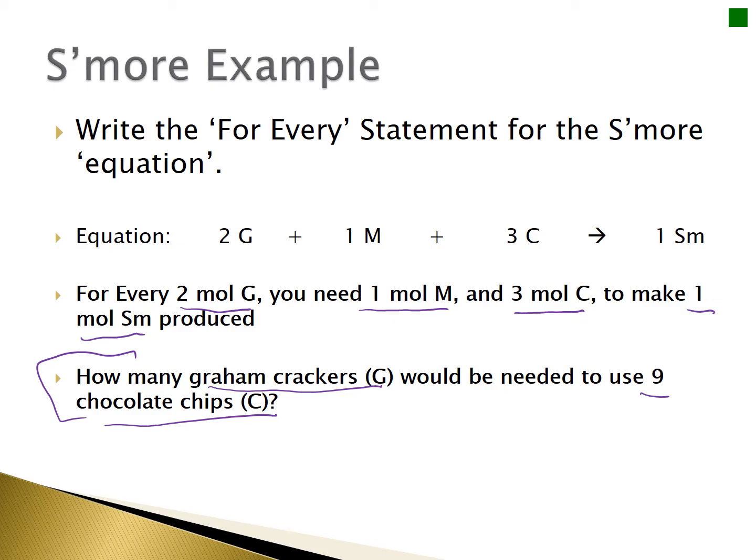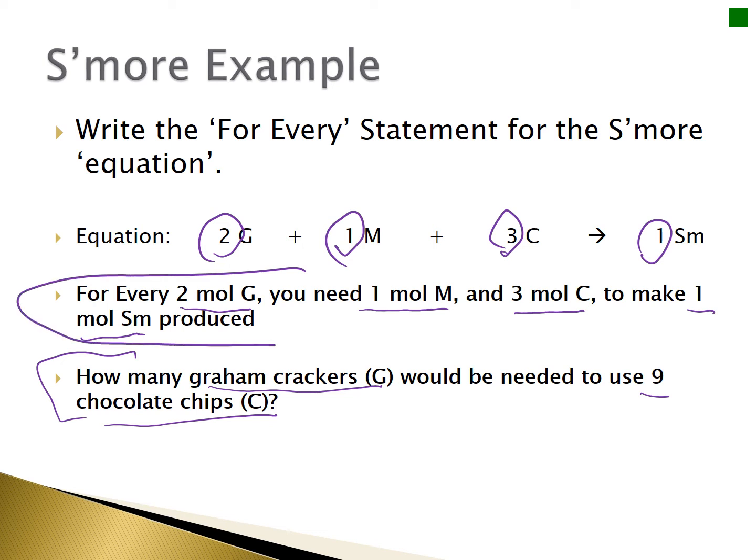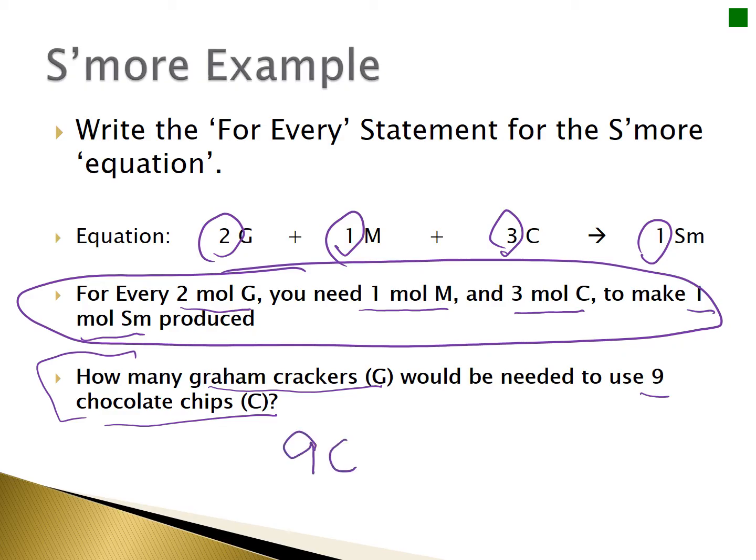So we're going to set this up in a dimensional analysis way that we've been doing this whole time, okay? But what we're now going to start introducing is the use of these beautiful coefficients. And it comes from this for every statement, okay? So I have 9 chocolate chips that I need.